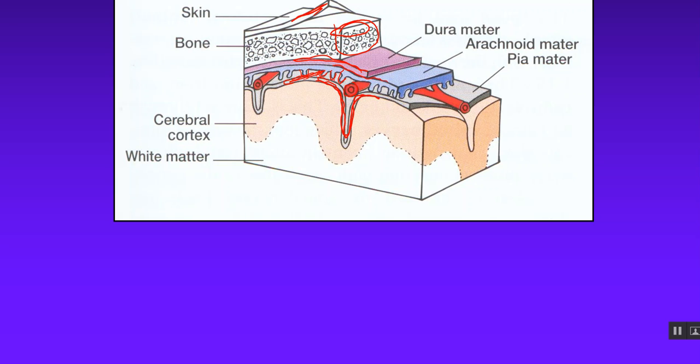Then you can see your blood vessels that run on the surface of your brain also run in that subarachnoid space. So when somebody talks about somebody having a subarachnoid bleed, that means one of the arteries on the surface of your brain, between the arachnoid and the pia, is bleeding into that subarachnoid space.